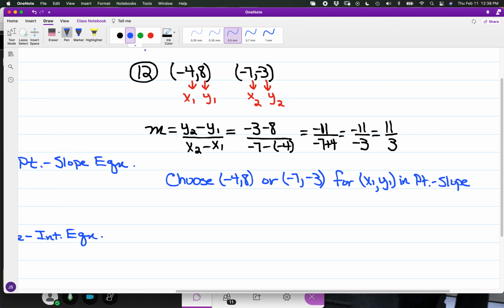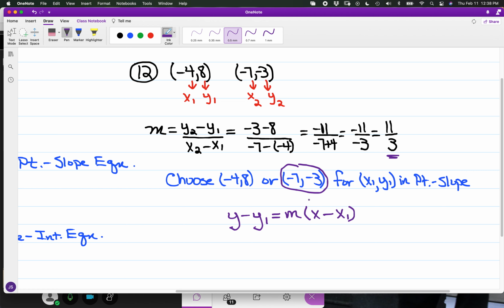And I'll tell you what, we'll go with the second ordered pair. So we got this, and again we had the slope value at 11/3. So in the point-slope arrangement, you have y minus y of 1 is equal to m times the quantity of x minus x of 1.